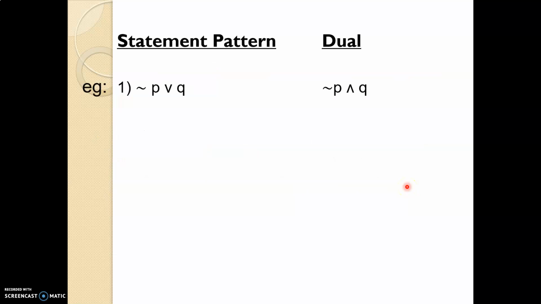So we can go through these examples. Negation P or Q is the statement pattern given here. Writing the dual is easy. While writing the dual, you will not change the negation symbol, and the statement remains the same.